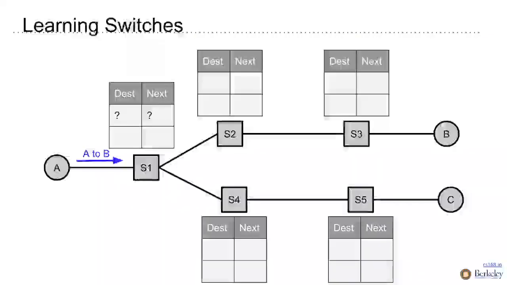But before passing forward, is there anything that S1 can learn from this traffic? Yeah, so it can fill in the entry that it can get to A through its direct next hop. It's directly connected to A. And then since S1 doesn't know where to forward it next, it doesn't have an entry for destination B, it is just going to do this flooding.